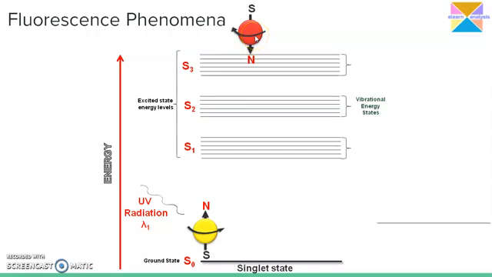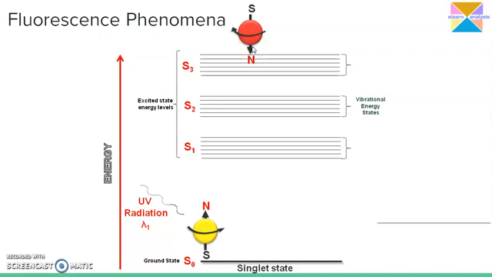The first form is fluorescence, wherein the electron will tend to jump from this excited singlet state to the ground state, and during this process it will relieve the energy in the form of fluorescence, which we'll be discussing in this particular slide. There is one more possibility of this electron losing energy.